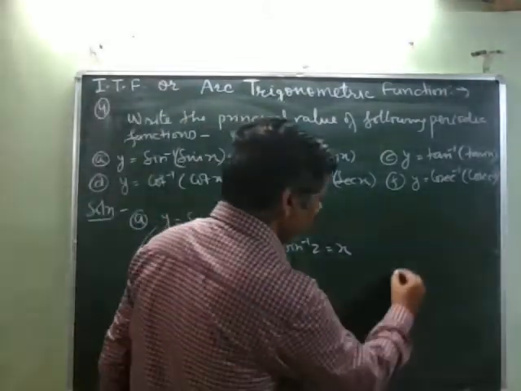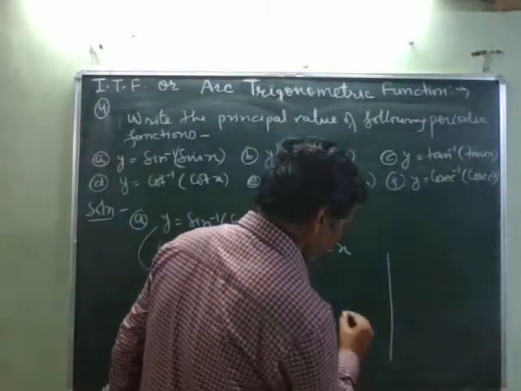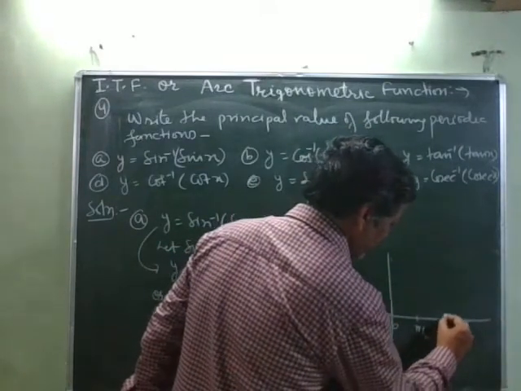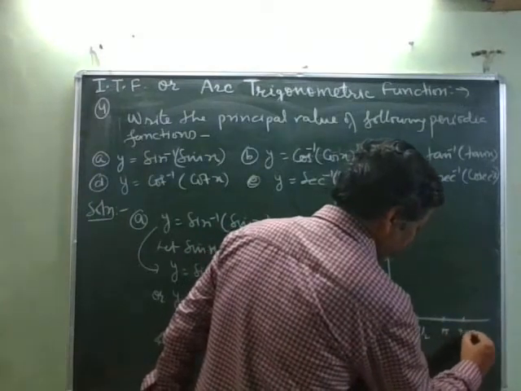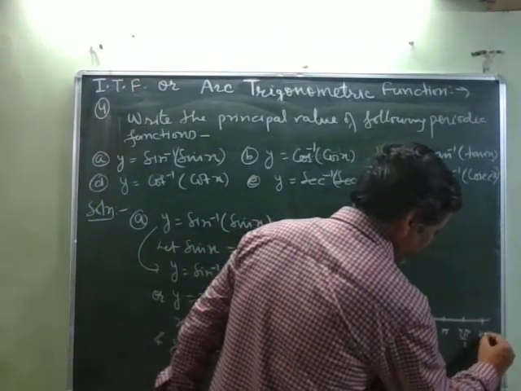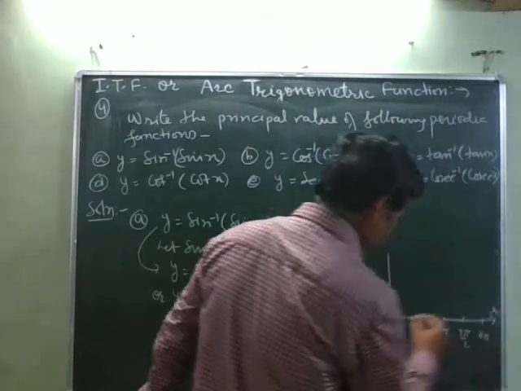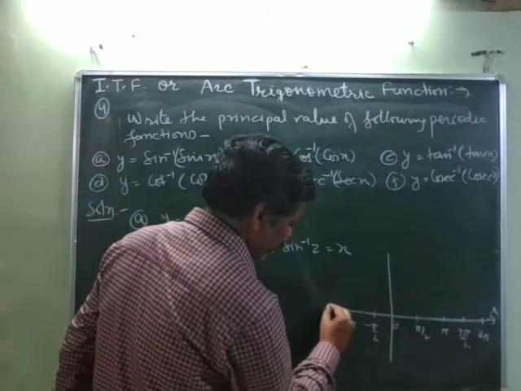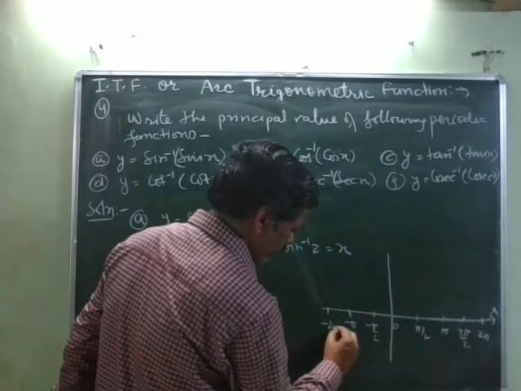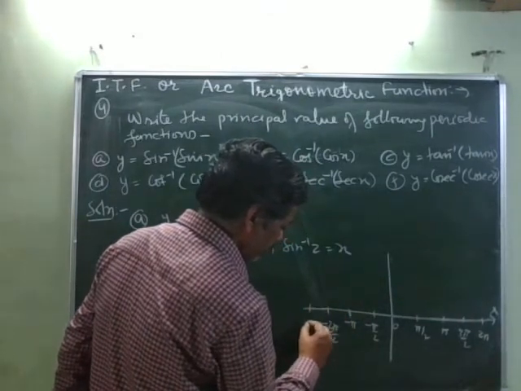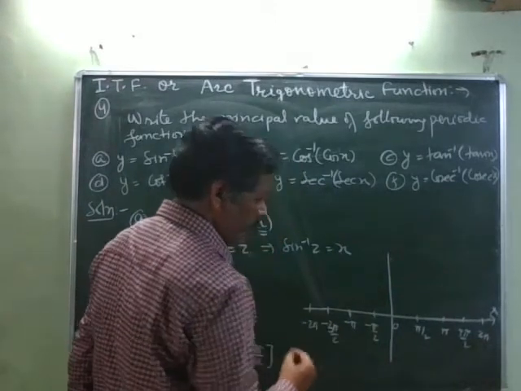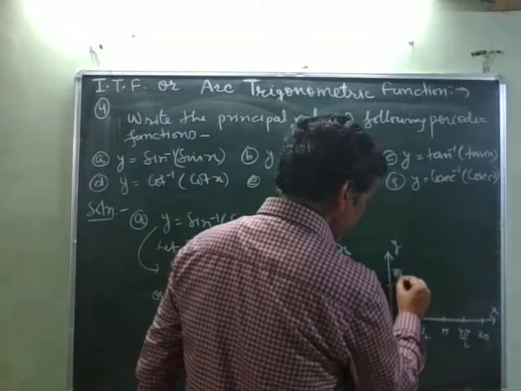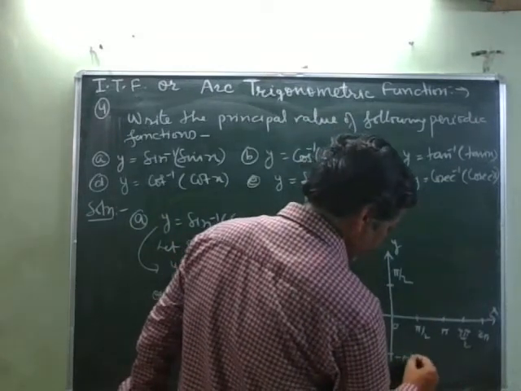Then, if we draw the graph here: 0, pi by 2, pi, 3 pi by 2, 2 pi on x, and minus pi by 2, minus pi, minus 3 pi by 2, and minus 2 pi. Here on y it is plus pi by 2, and minus pi by 2 here.